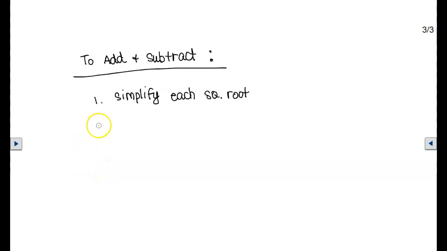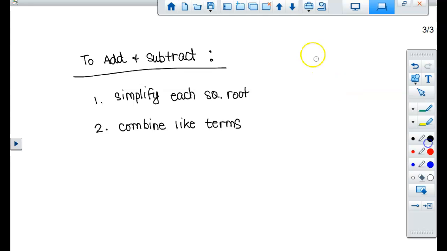On adding and subtracting, we're going to simplify at the beginning, and then you are going to combine the like terms. So simplify each square root and then combine like terms.